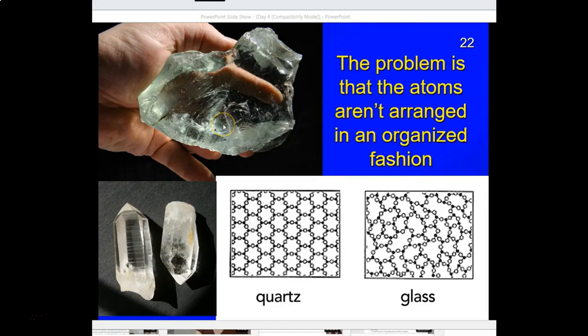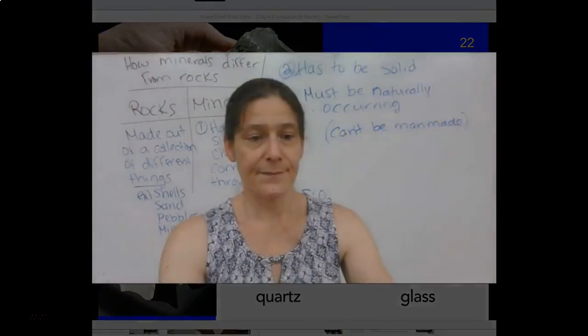It's just sort of this blob kind of a thing. So again, to be a mineral, you have to have not just a solid form, but the atoms inside of that need to be arranged in an organized fashion. In the case of glass, it's not organized.